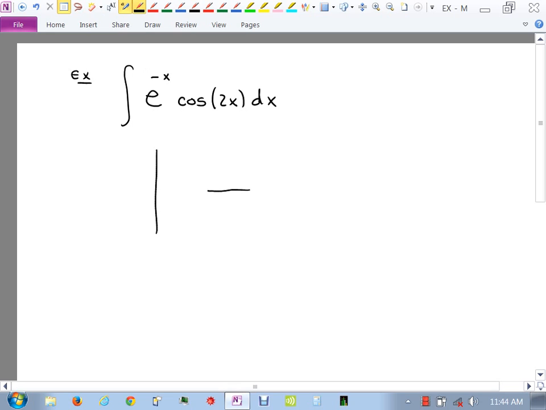Let's take our u, and let's do dv. So I'm going to choose my u to be e to the negative x, and my dv to be cosine 2x dx. Now I'm doing that after having thought through this, realizing that transferring the derivative doesn't look like it's going to get me anywhere, but I still have to try something, right? So let's now take a look at du.